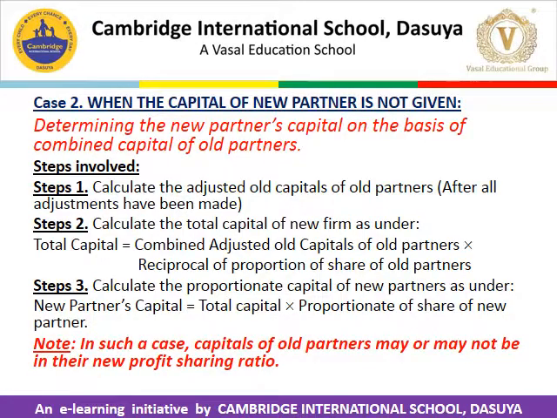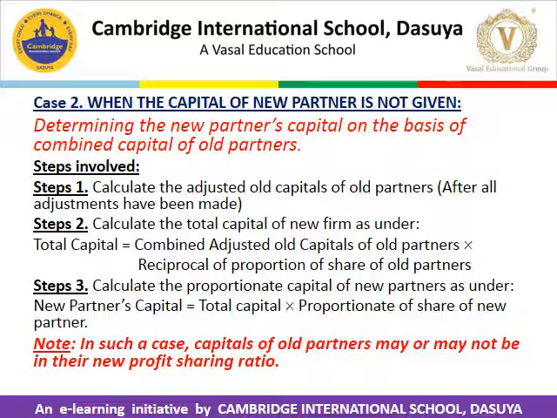Now the second case is when the capital of the new partner is not given. Determining the new partner's capital on the basis of combined capital of old partners. The steps involved are: the first step is to calculate the adjusted old capitals of old partners after all the adjustments related to revaluation, goodwill, reserves, etc. Step number 2 is the calculation of total capital of the new firm.